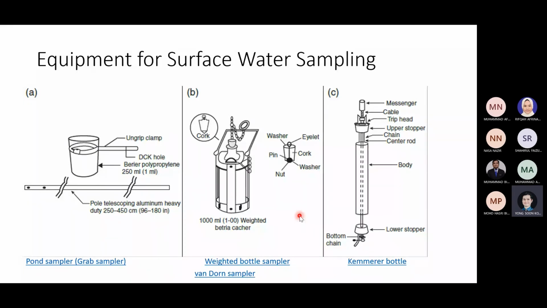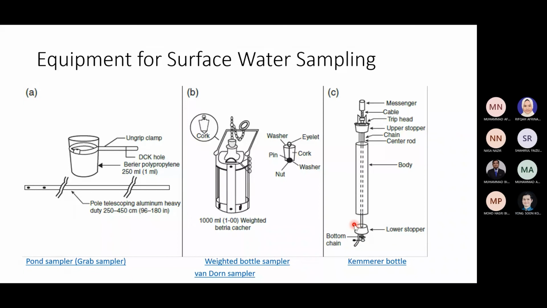So the tube is placed horizontally, just like this one, but only horizontally, in which each side they can set up and then release the opening to allow water to flow in. It's just like the Kemmerer bottle right here, only the Kemmerer bottle is lowered vertically, whereas the other one is horizontal.